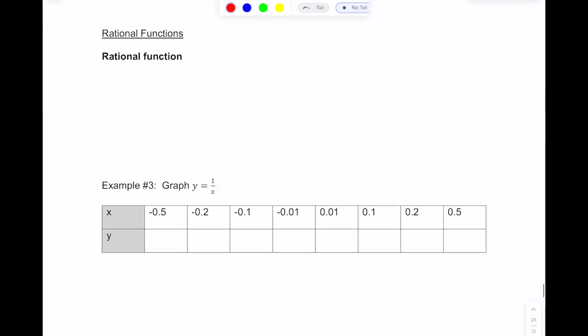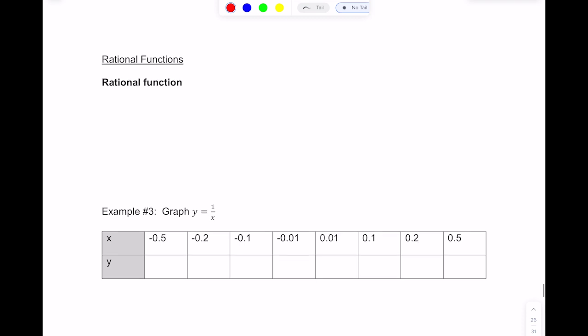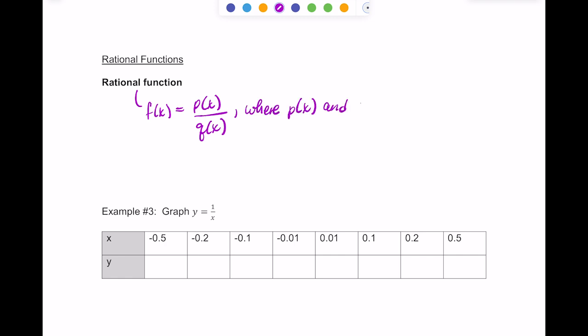Next, let's talk about rational functions. Rational functions are in the form of f of x equals p of x divided by q of x, where p of x and q of x are polynomials.